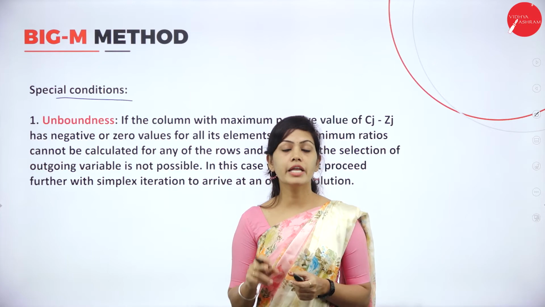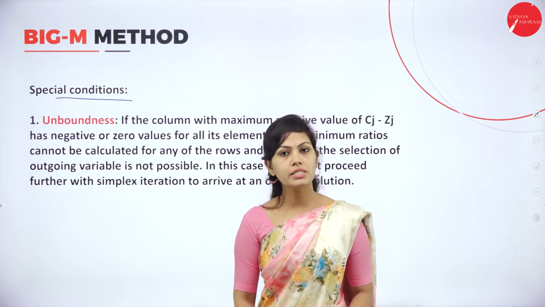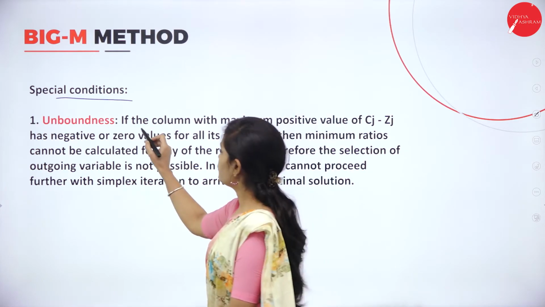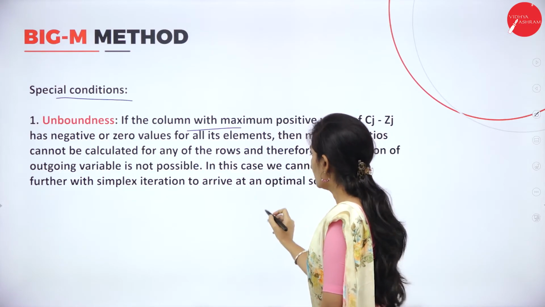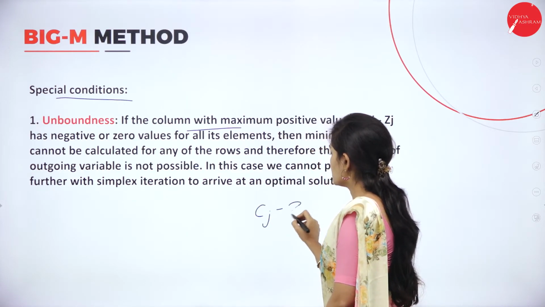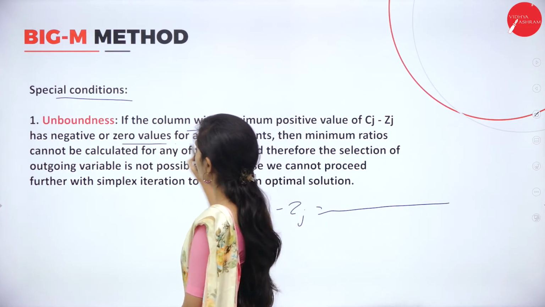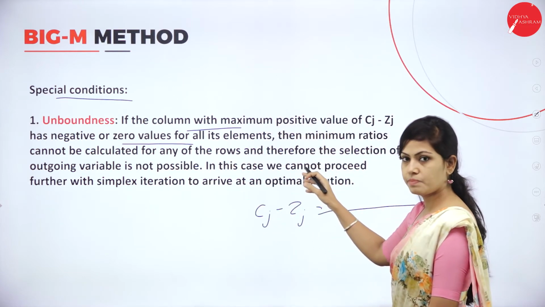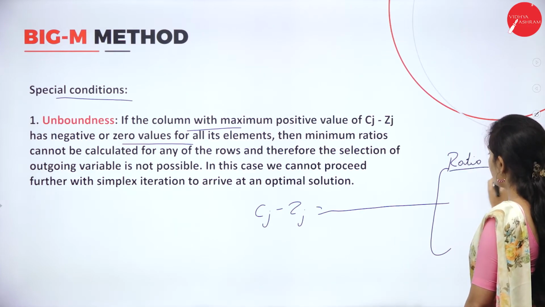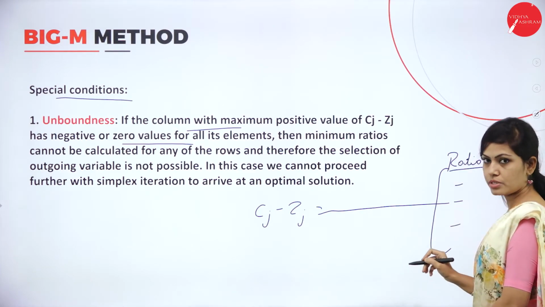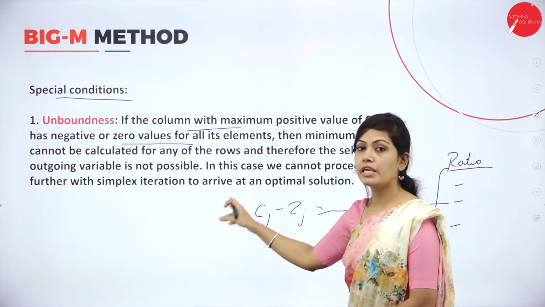I have already discussed unboundedness in the graphical method and also in the simplex method. What is unboundedness in the Big M method? If the column with the maximum positive value of Cj minus Zj has negative or 0 values for all its elements, then in the ratio, if you get any negative, 0 or infinite values, you can't select the key row.